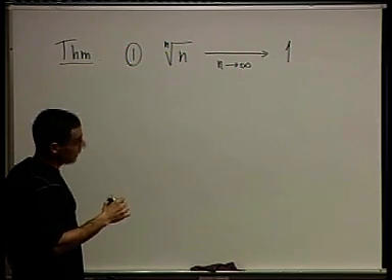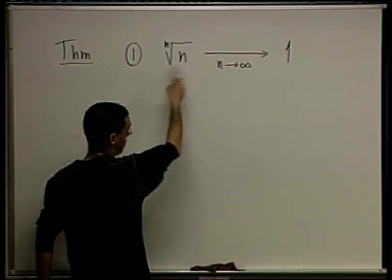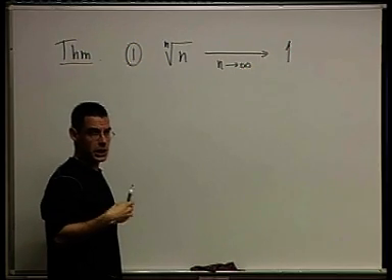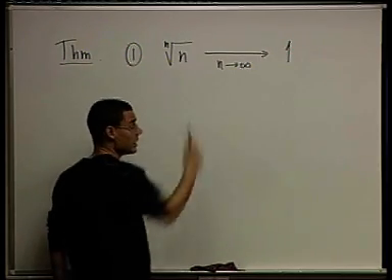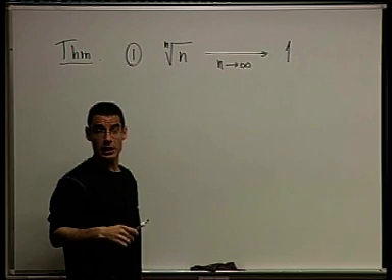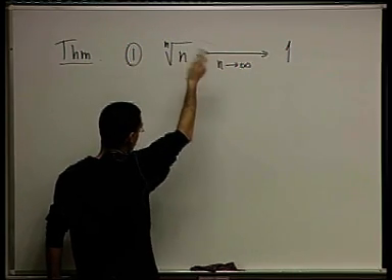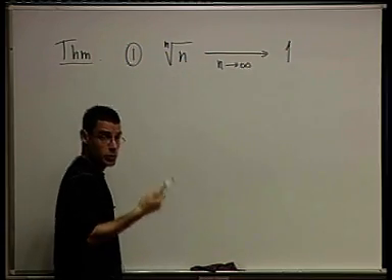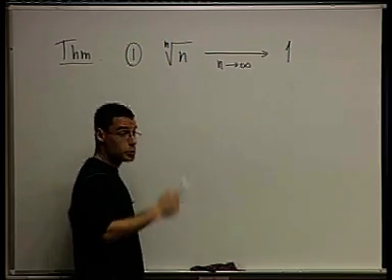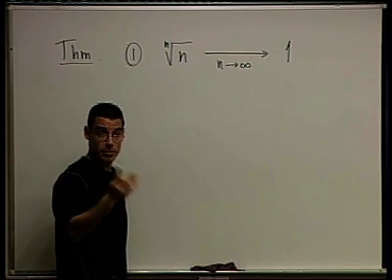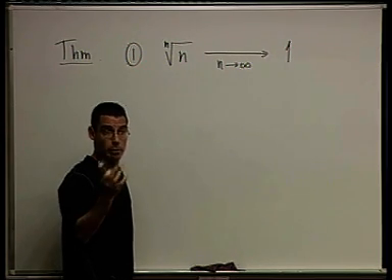And getting intuition for this is not necessarily immediate. One way to get intuition is to start plugging in values. So the first root of something is just the something, so the first element is 1. The second element is root 2, which is about 1.4.